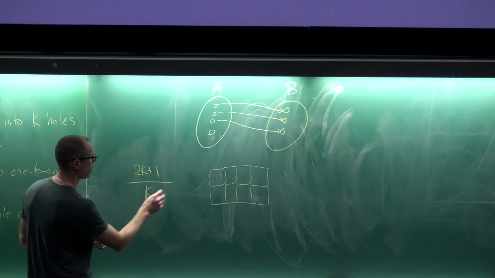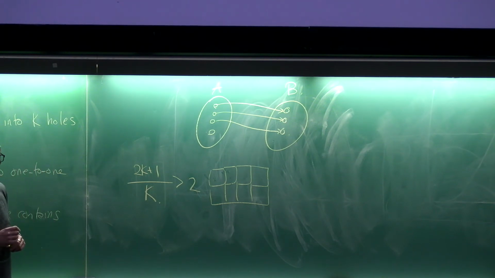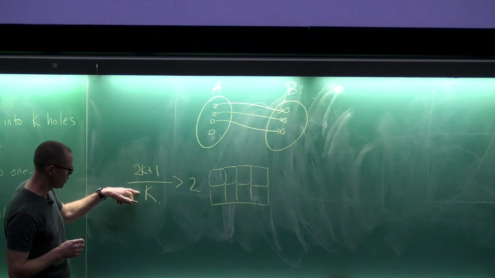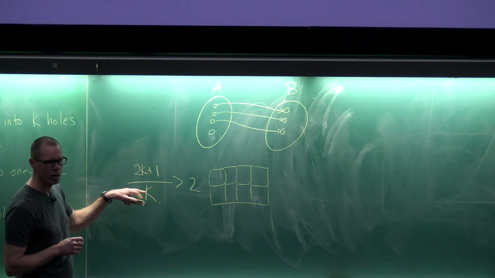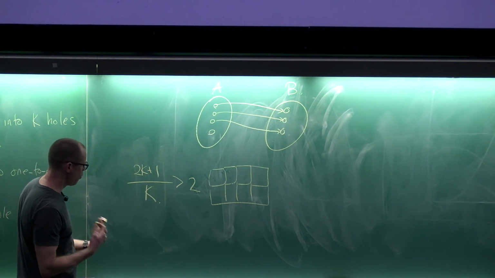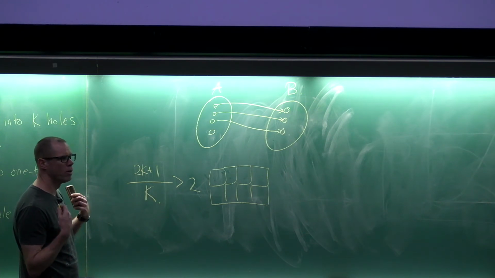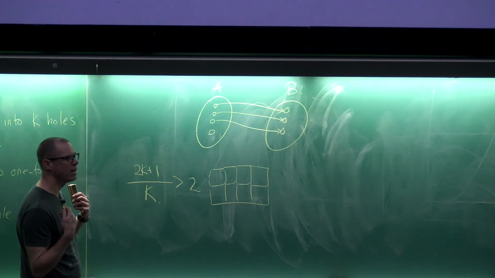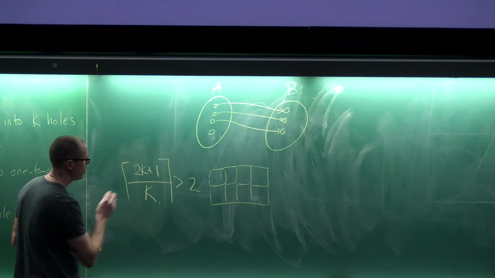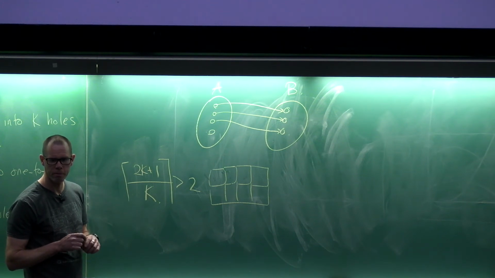That number is bigger than 2. It's 2 point something, right? Because 2k over k is equal to 2, and 2k plus 1 over k is bigger than 2. But the number of pigeons in a hole is an integer, so now there's one of the holes that has an integer number which is bigger than 2, which means you get the ceiling, so there is a hole that contains at least 3 pigeons.